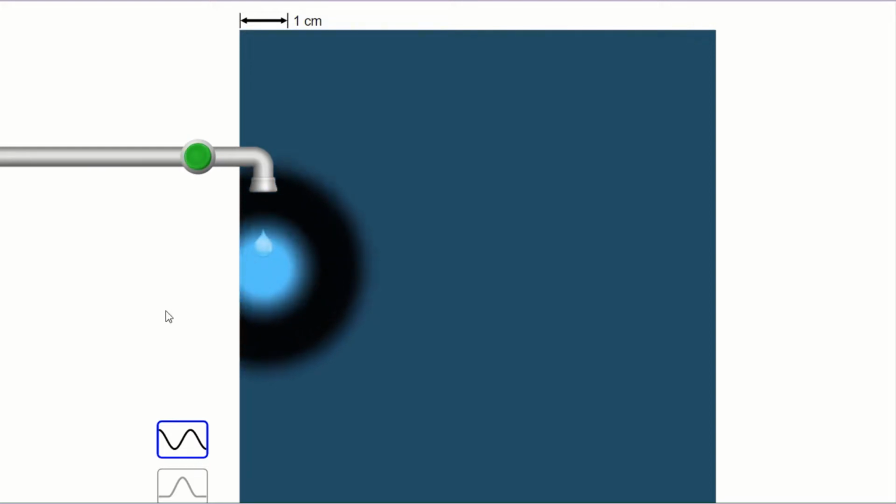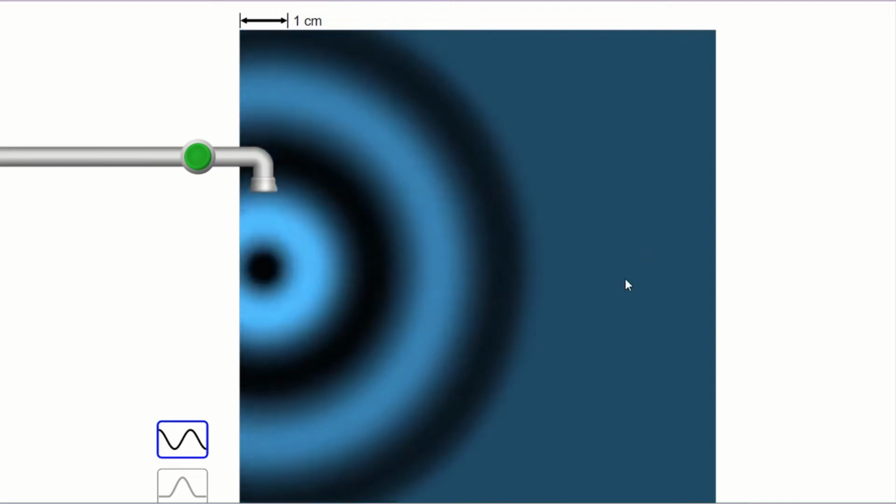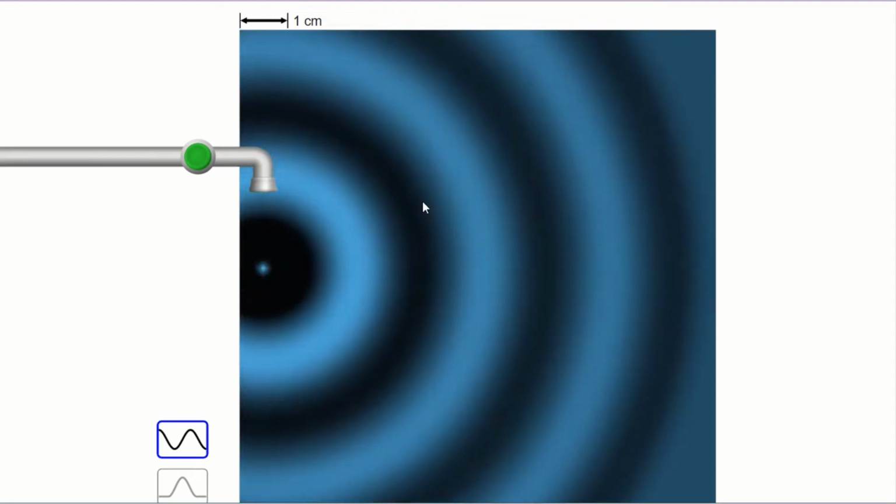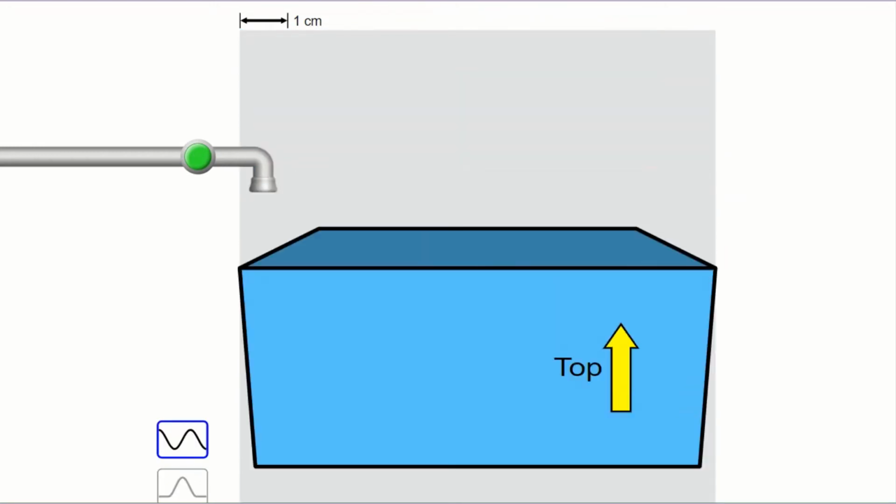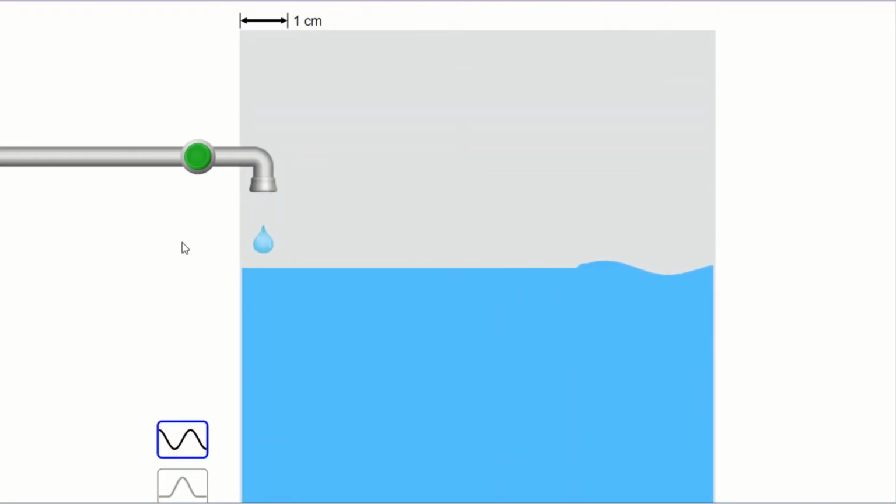What would happen? You will see some ripples, some circular waves. And if you take a side view look, you would see that the waves look like this, right? So these are the sea waves. We've seen them.